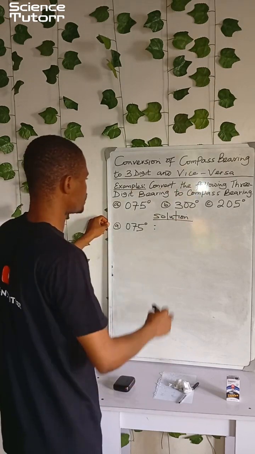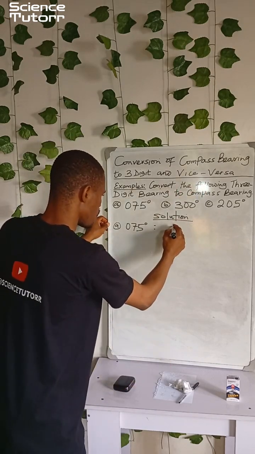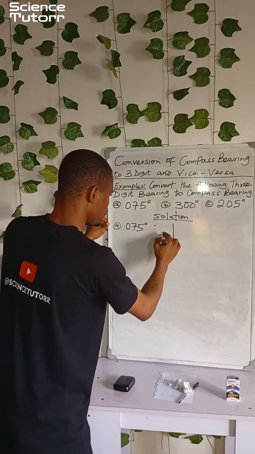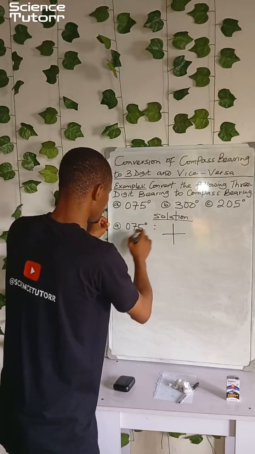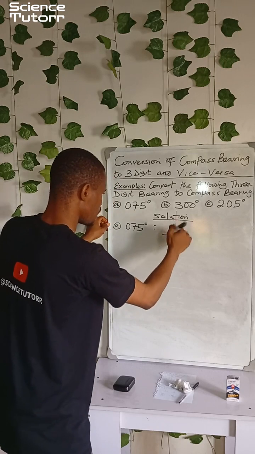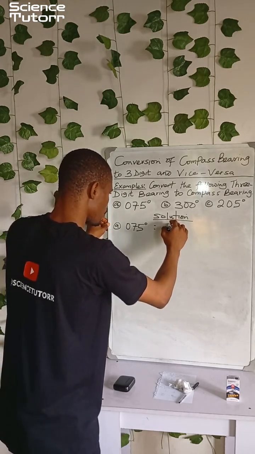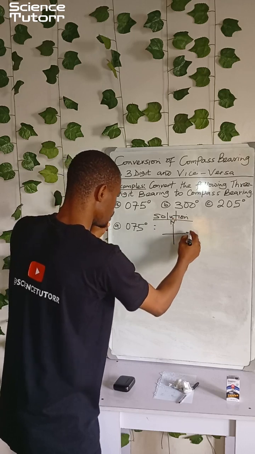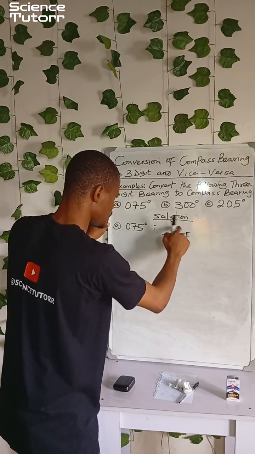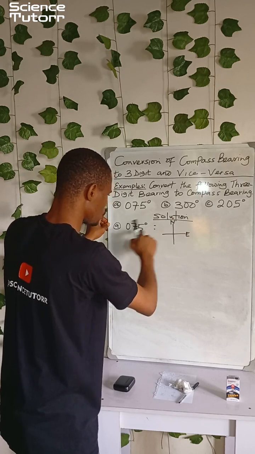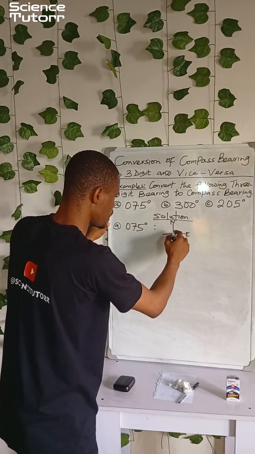So what we simply do to convert back to compass, let's draw our cardinal points. 075 is at the first quadrant, which is the northeast, between 0 and 90. So 75 is located here.